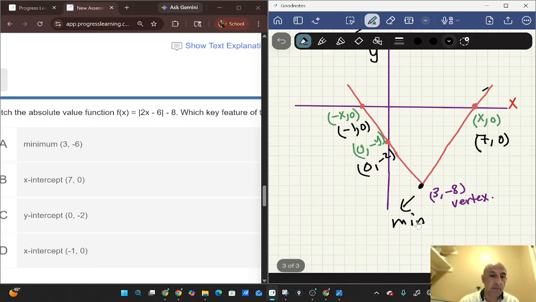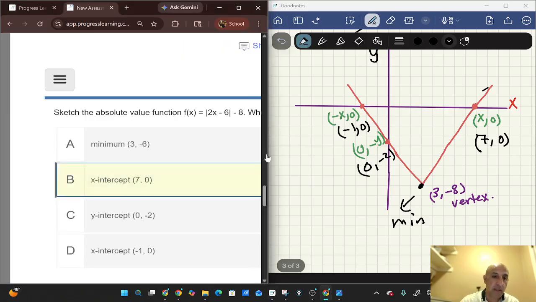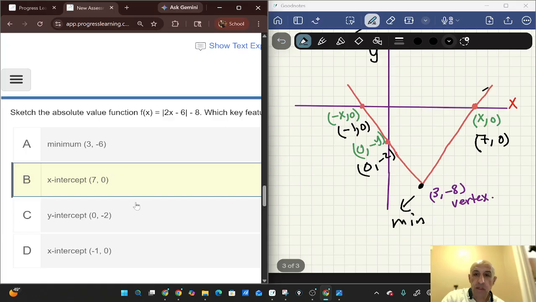Now the x-intercept: do we have an x-intercept at 7, 0? That's absolutely right, so I expect that to be the right answer. Now the y-intercept is 0, negative 2. That's also correct. And the x-intercept is negative 1, 0.